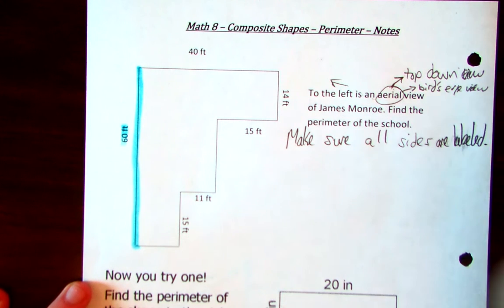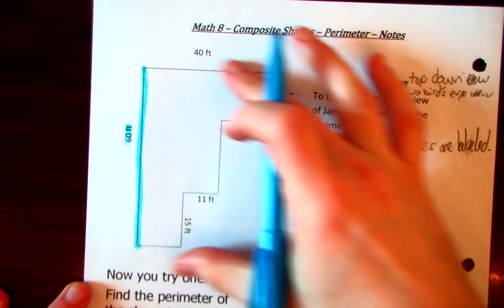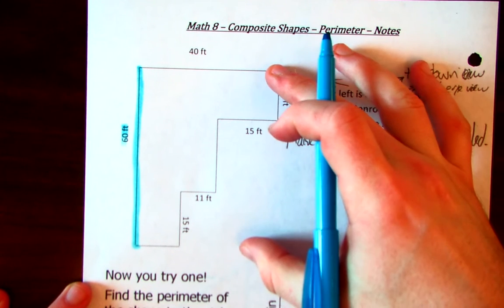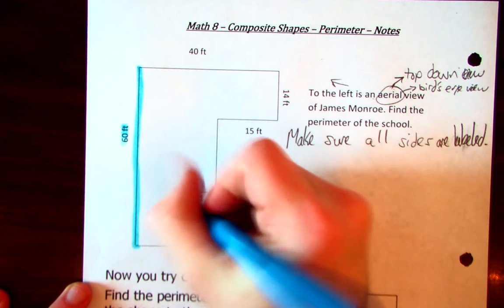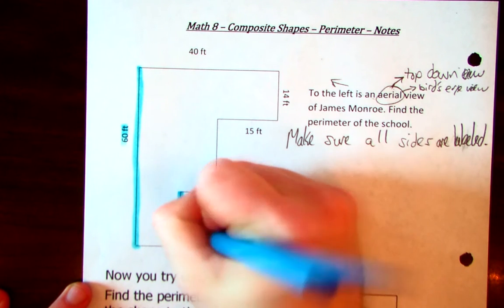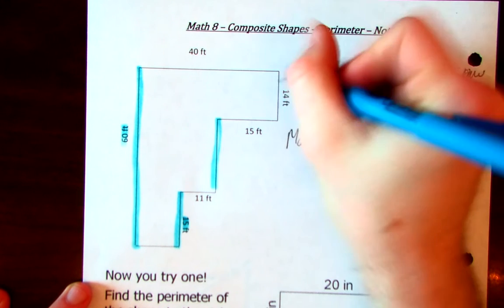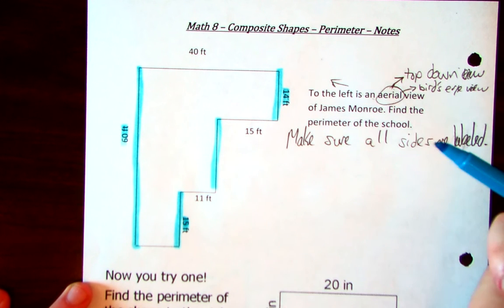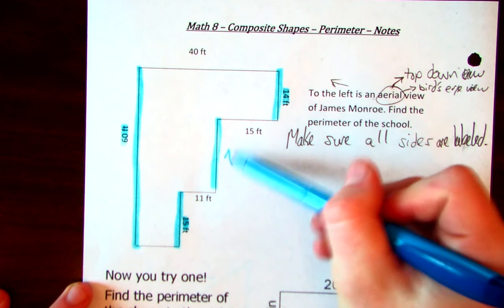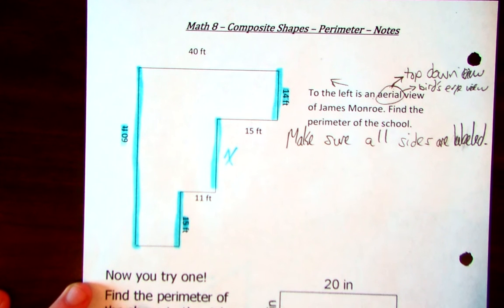And I said, hey, if you were to picture this same side over here, it should also be 60 feet. So he said, why don't you highlight the same color, those vertical values. So he said, okay, you know that this one is 15, this one is 14, and well, that means we have an X right there.